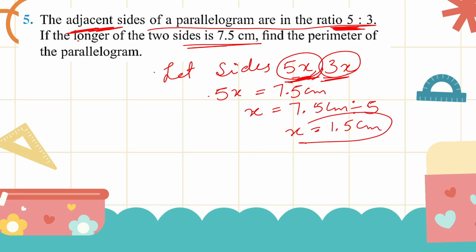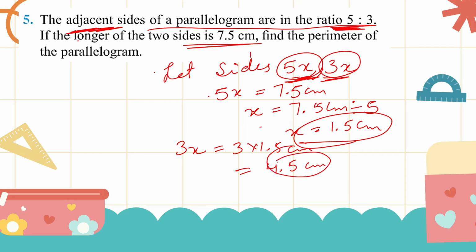We have found that x is 1.5, so with this x we can find the smaller side: 3 into 1.5. Now we know that 15 3s are 45, so it is 4.5. Now we have the two sides, one is 7.5, which is already given, and we found the other, that is 4.5.